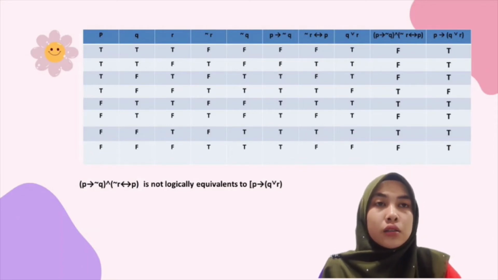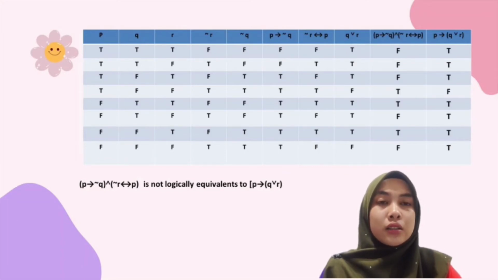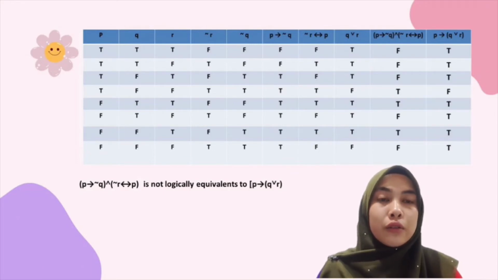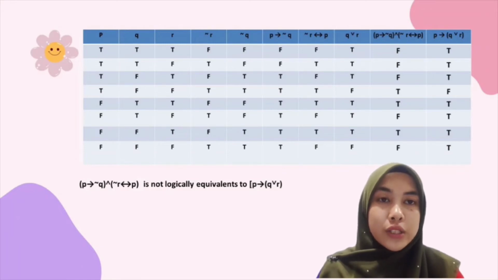Okay, so what we can conclude from the question is P implies to negation Q and negation R implies to P is not logically equivalent to P implies Q or R, because it got no same values. Okay, the values of the two columns are not the same, so it cannot be logically equivalent.